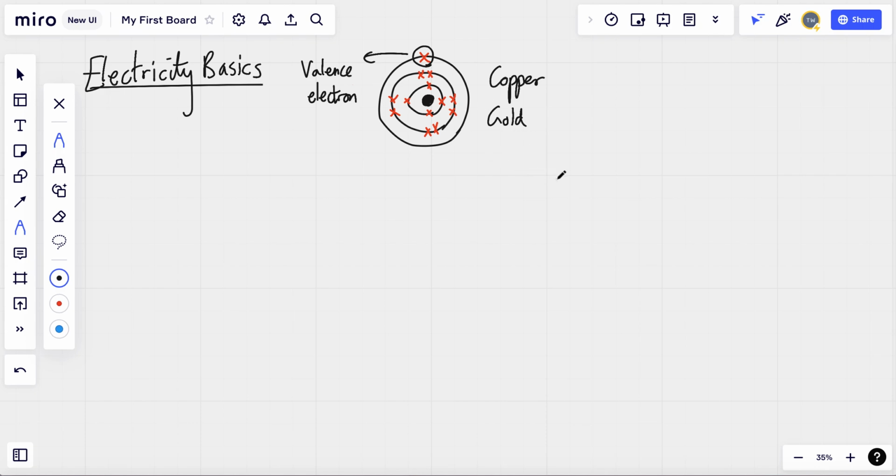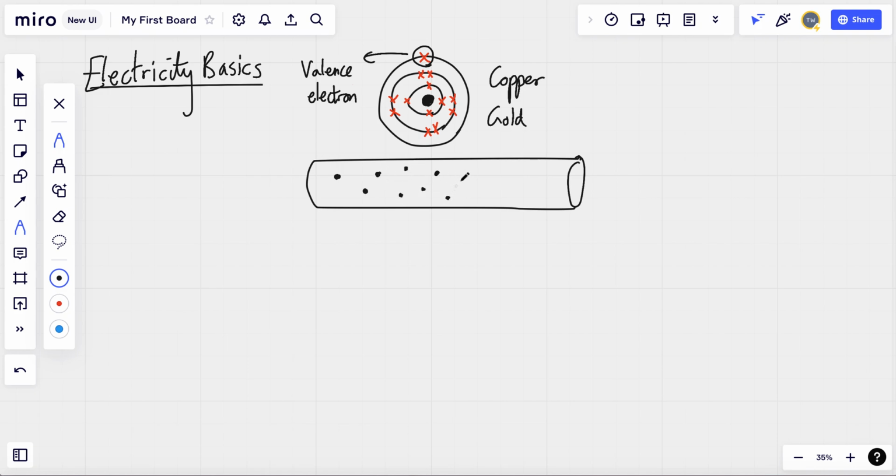So let's imagine I've got a cross section of a piece of copper wire or gold wire or something like that, and inside I've got all these atoms. Let's say it's copper.